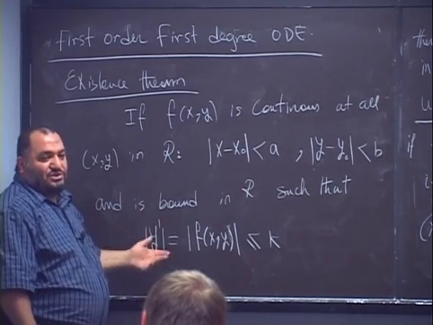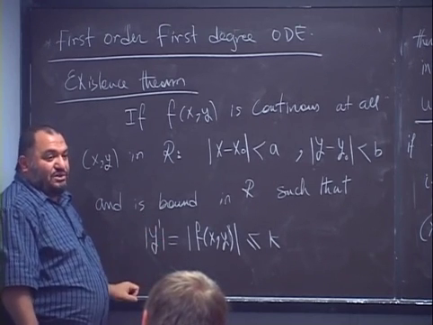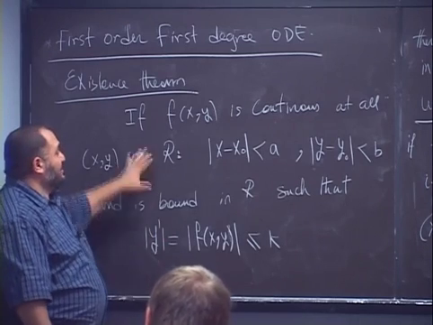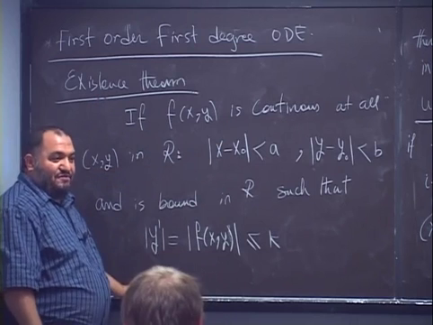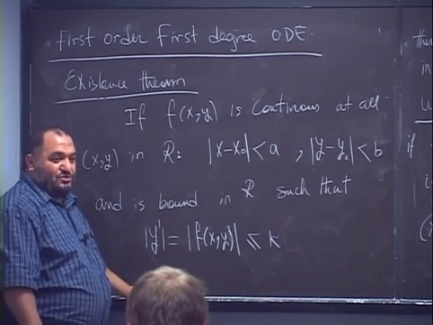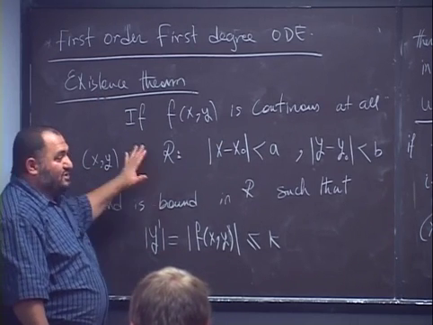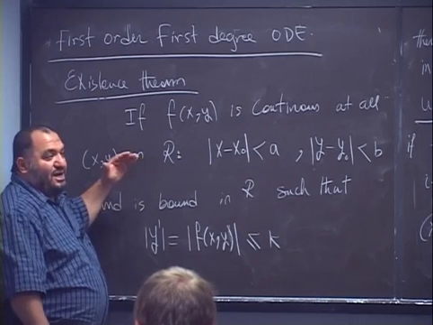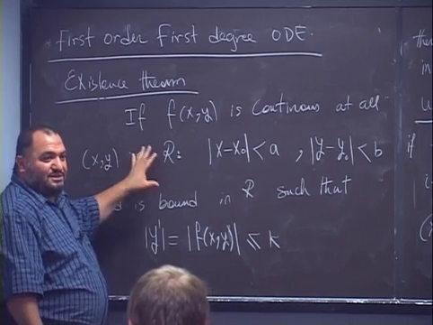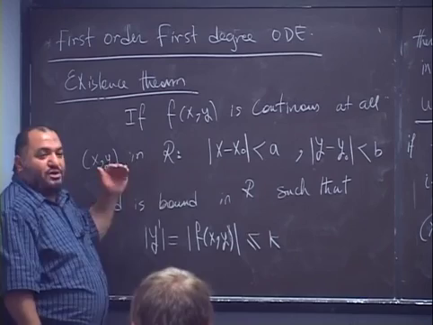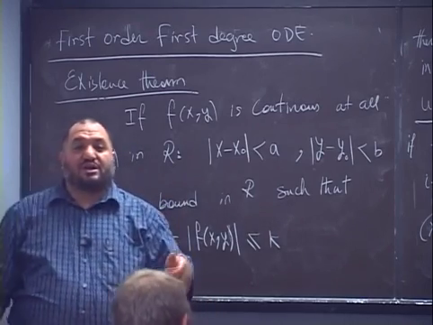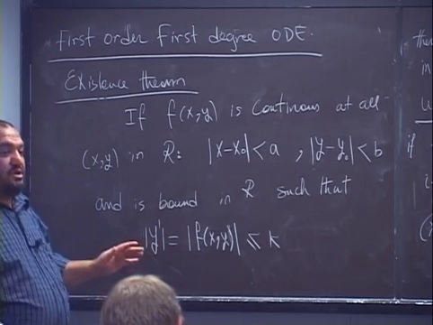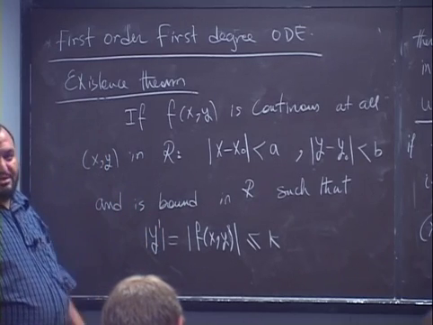But it is not necessary. There are other categories of functions f of x and y that do not satisfy those two theorems, but still have a solution, and the solution is unique. This is why we said it is a sufficient condition. If you satisfy both, you will have a solution, and this solution is unique. But it's not necessary.